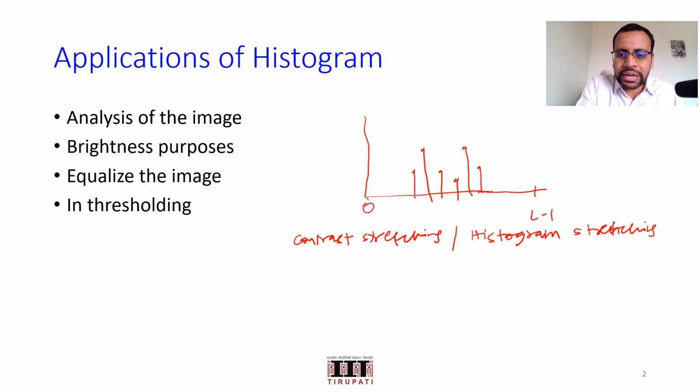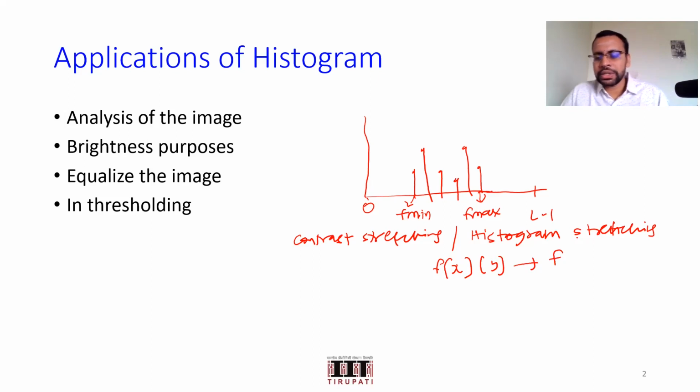What is it that we wanted? Let's call this F min, the minimum non-zero intensity value that you could observe in a given image. And let us call this F max. And let that intensity be f of x y, which for simplicity we will simply drop the x y indices. We simply call it f.